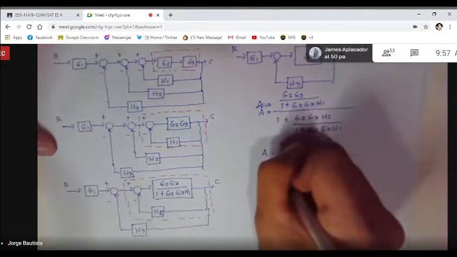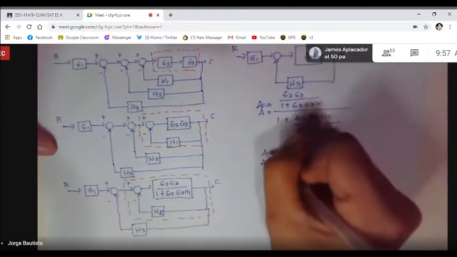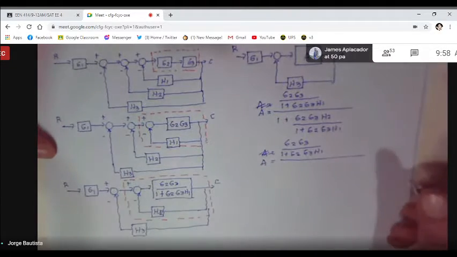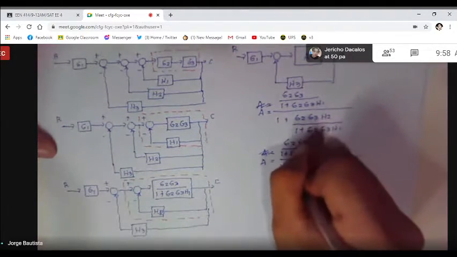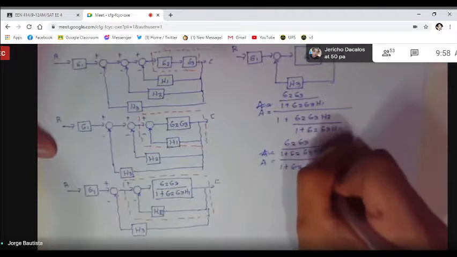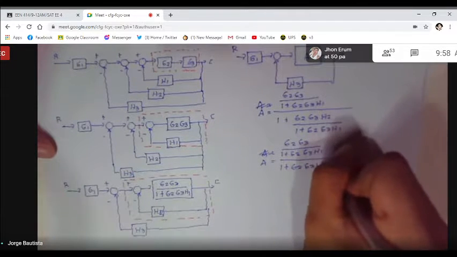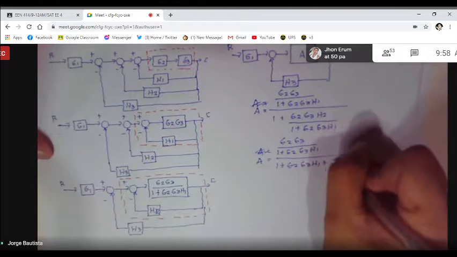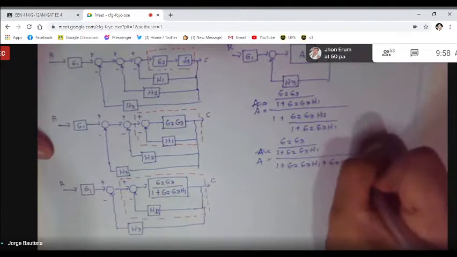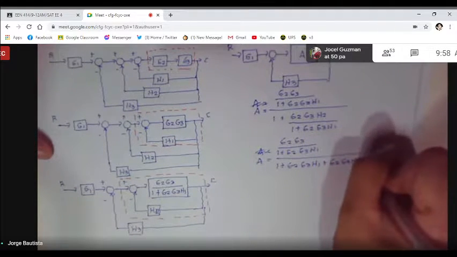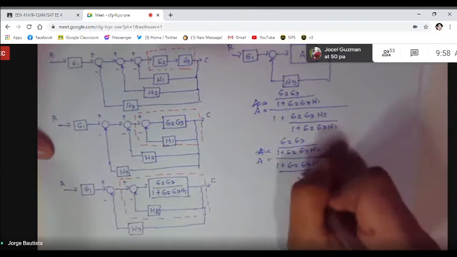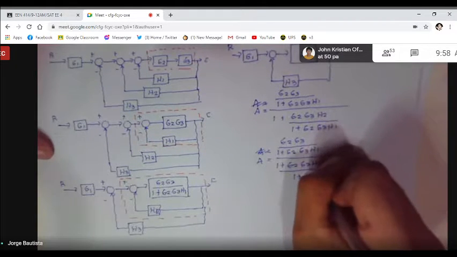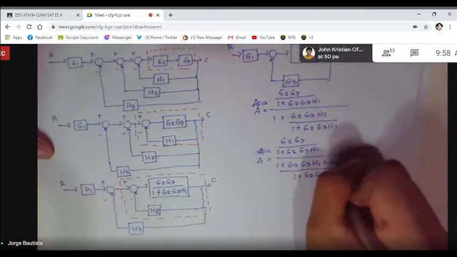Oh, so mali na naman ako. So dapat dito yan, no? So that is 1 plus G2, G3, H1 plus G2, G3, H2 all over 1 plus G2, G3, H1.